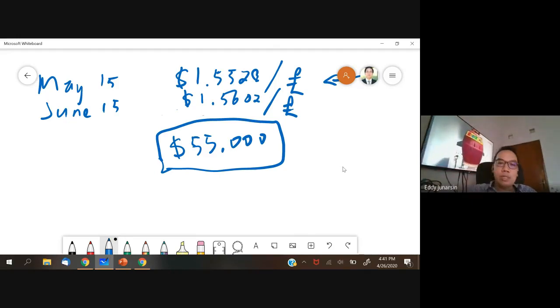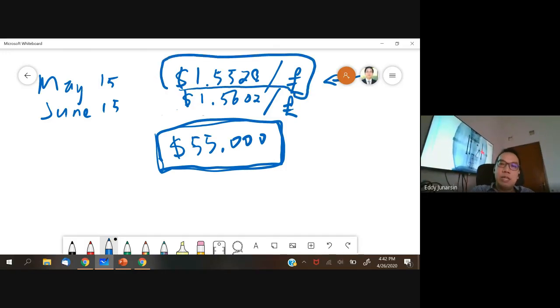So what is the beginning value of the Buick in UK pound on May 15th? So see here, 155.28 per pound, and the price of the Buick was $55,000.